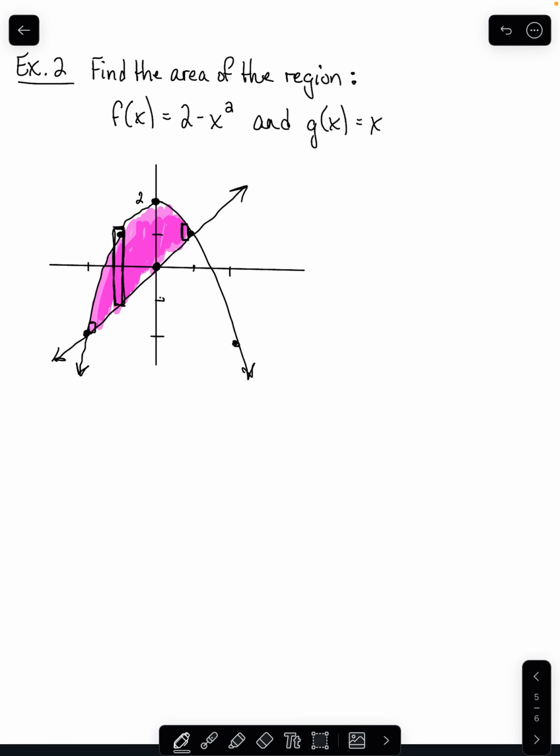And in this case, visually speaking, it's easy enough to determine those points. The two graphs intersect at -2, -2, and again at 1, 1. The x values of these points provide the limits of integration, because we can go as far to the left as an x value of -2 and as far to the right as an x value of 1.